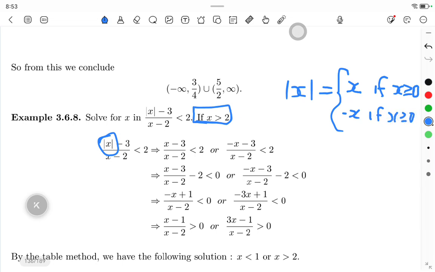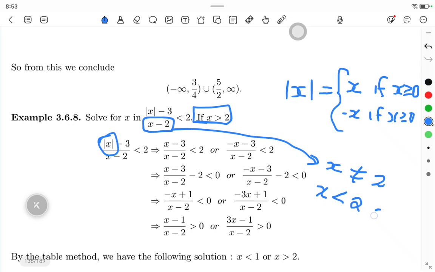And the solution set that we have here, we are given that x cannot be equal to 2. If x cannot be equal to 2, it means that the solution will be when x is less than 2, or actually let me say and, when x is greater than 2. You see, right? The solution set will be produced by that.